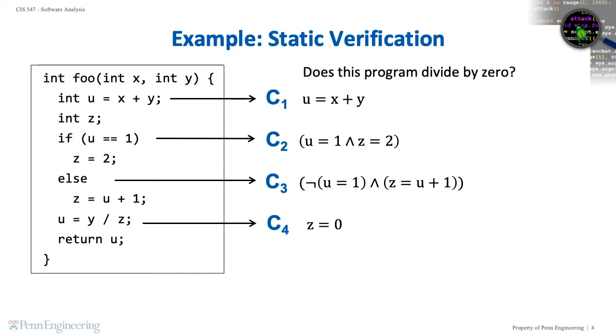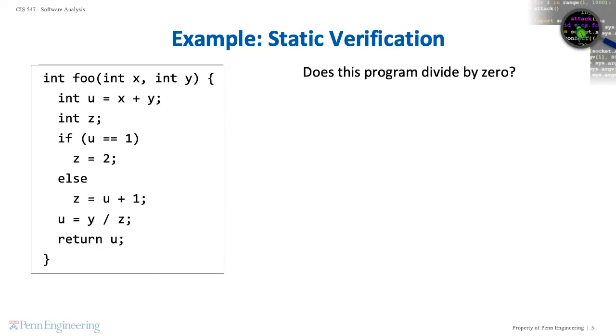Since our goal is to check whether the program might divide by 0, our final constraint, denoted C4, asserts that the denominator of the division operation z is 0. To check whether this program could divide by 0, it suffices to check whether some program path might divide by 0.